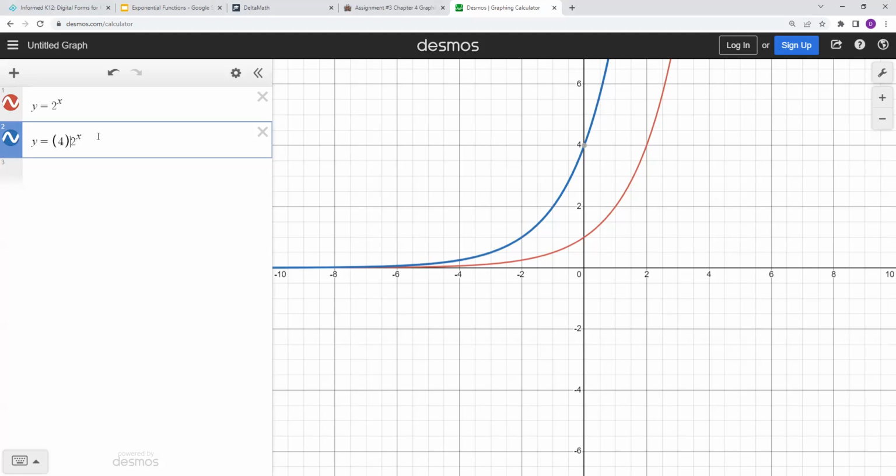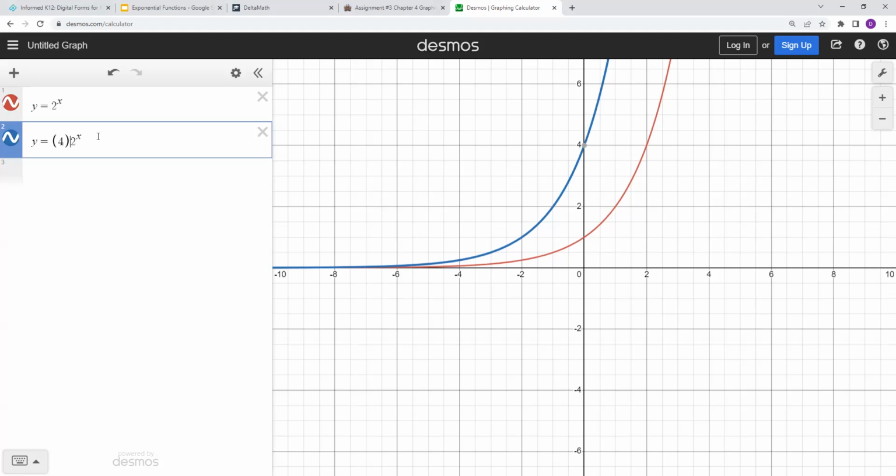The a tells you the vertical stretch or shrink. The b is the base, which is the 2 right here. The x is the exponent, obviously. The h is the shift to the right or left, and the k is the up and down. And if you want to shrink horizontally, you put a number in front of the x variable in the exponent.